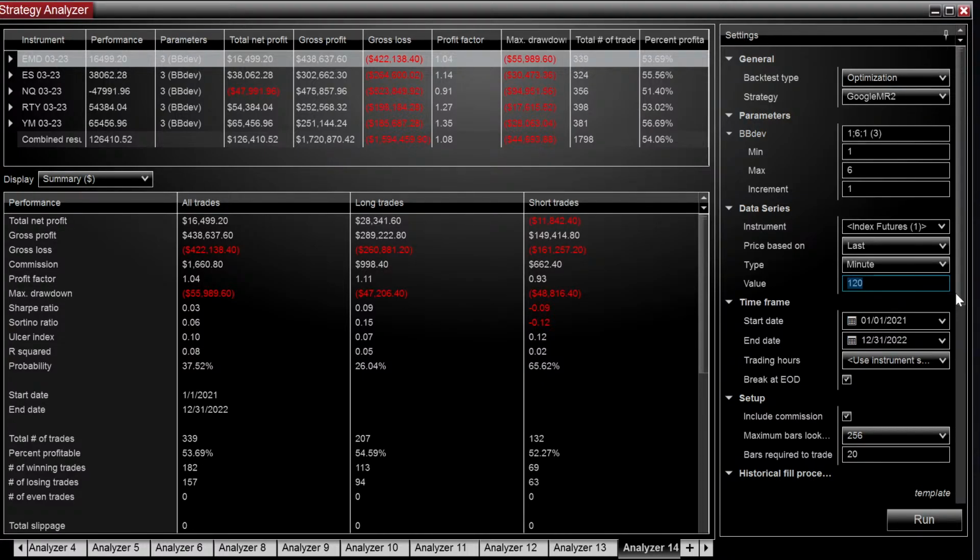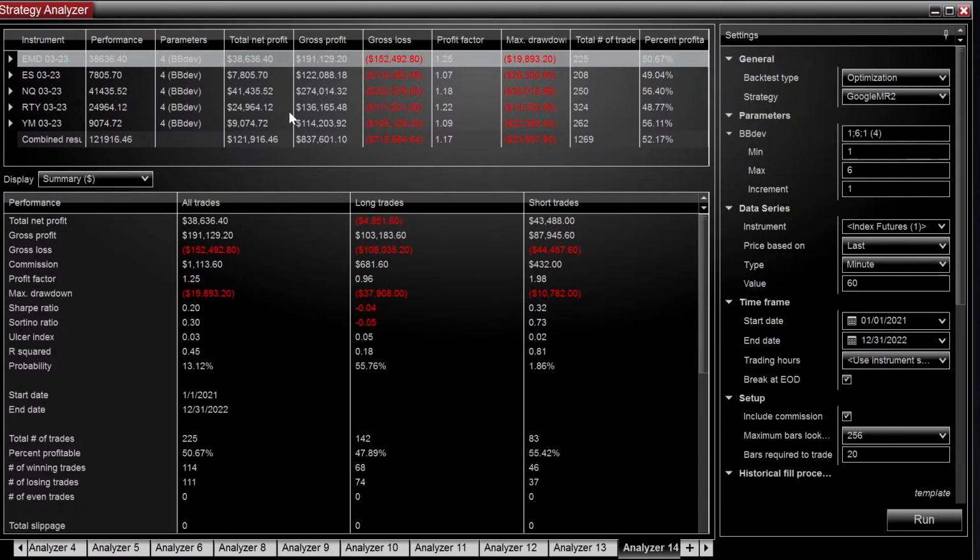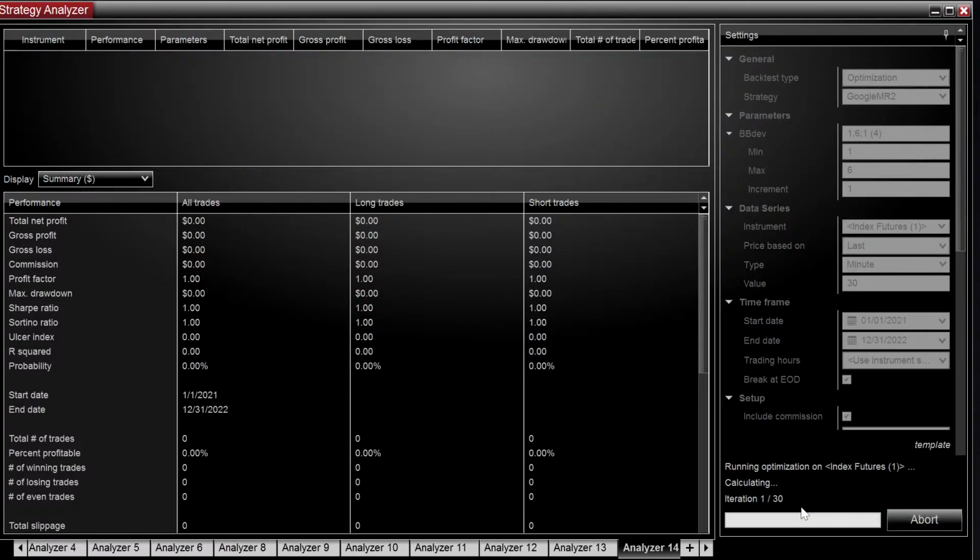So it might be suggesting that the ES is more noisy than the NQ is. Let's drop down to the 60 minutes. Now the 30 minutes.